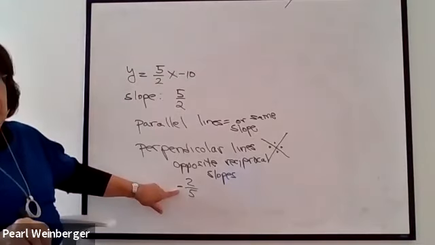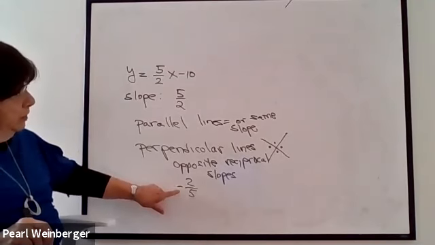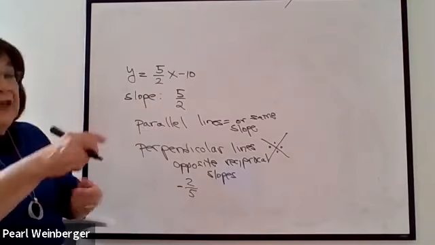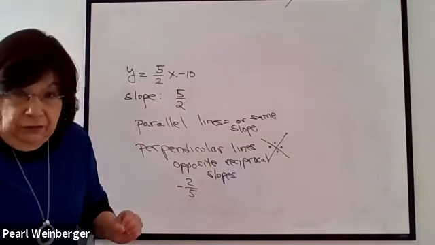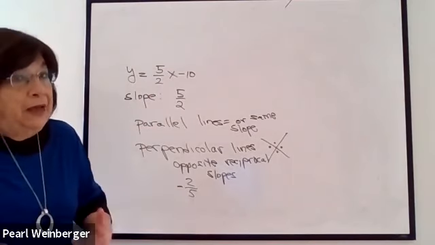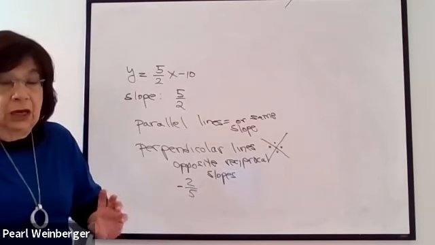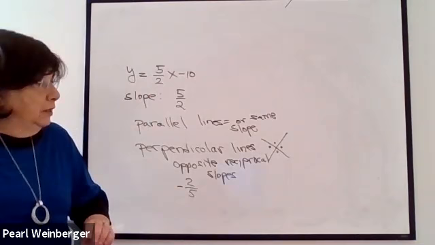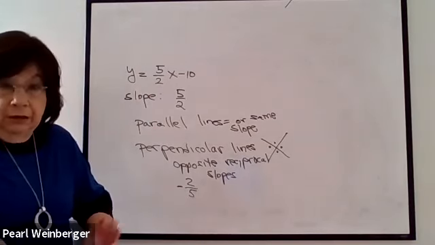The perpendicular line would have to have a negative slope, but it wouldn't be just negative, you'd negate and flip it over. If your original line has a negative slope, then your perpendicular line will have a positive slope, again, reciprocal. You change the sign and you flip it over to get the slope of the perpendicular line.